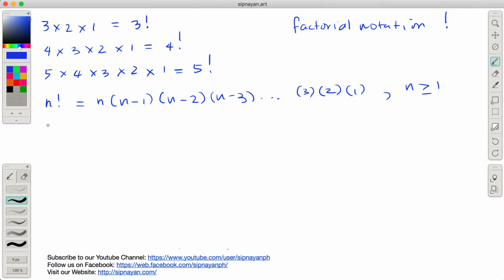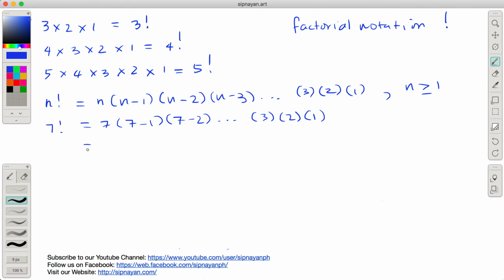So, halimbawa, meron tayong 7 factorial. So, this is equal to 7 times 7 minus 1 times 7 minus 2, and so on, hanggang makarating ng 3 times 2 times 1.